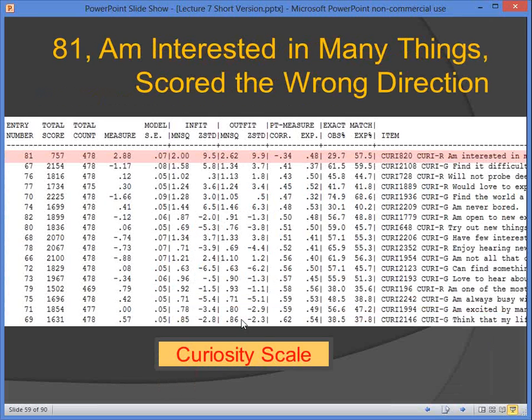So go ahead and run that in WinSteps. Okay, once you've run it in WinSteps, look at the item polarity table.